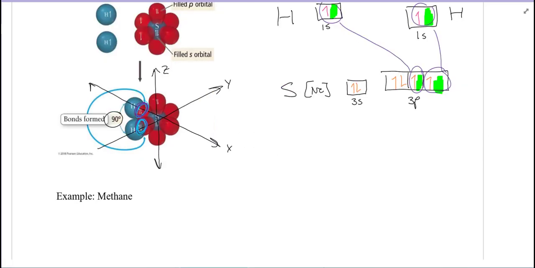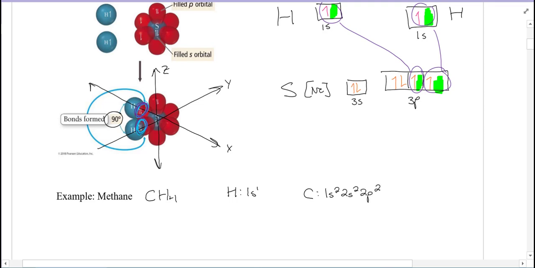Now let's look at methane, which of course is CH4. H again, 1s1. Carbon, 1s2, 2s2, 2p2. So if we look at the valence of carbon, I have the 2s and the 2p.